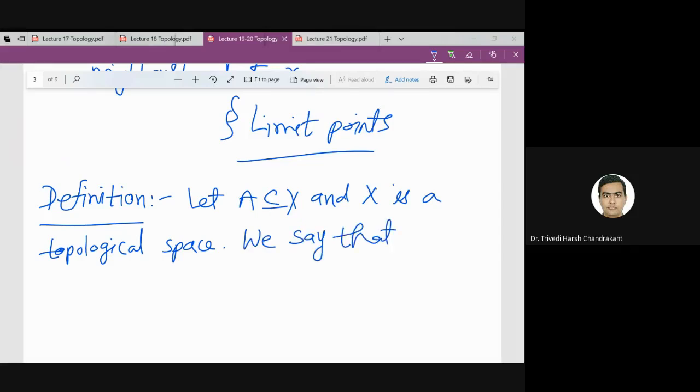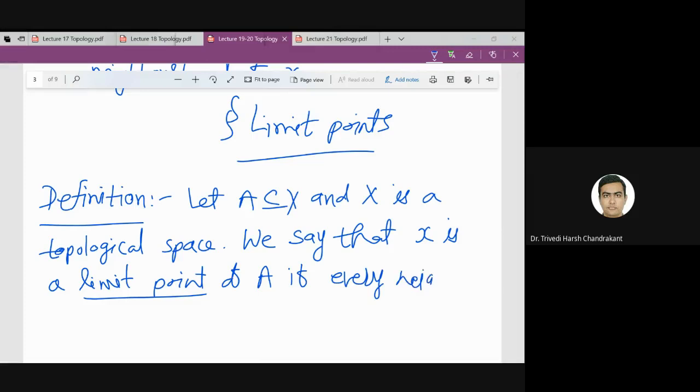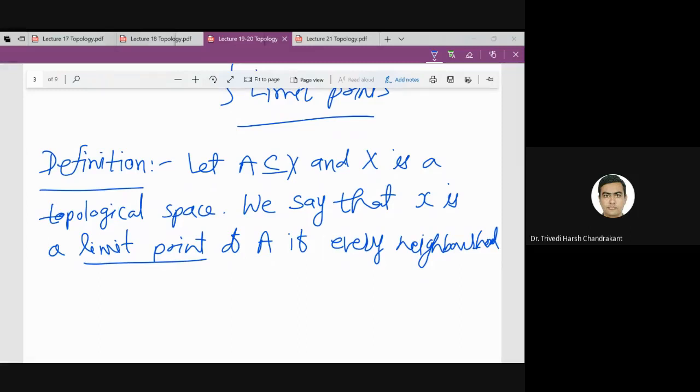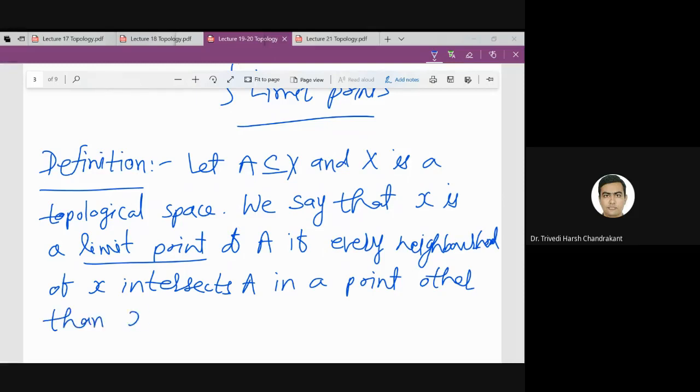We say that x is a limit point of the set A if every neighborhood of x, where neighborhood means open set here, intersects the set A in a point other than x itself.